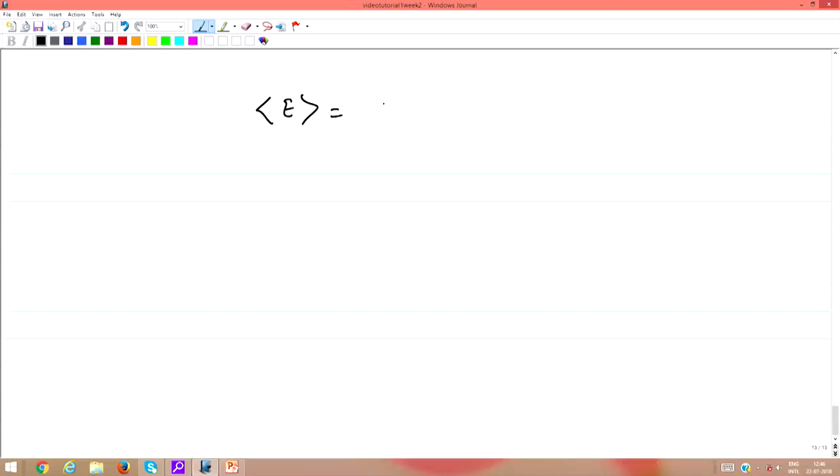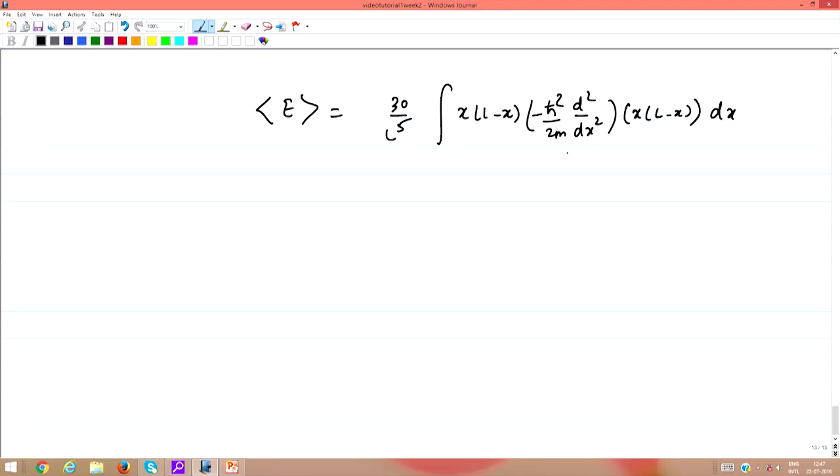And now you write 30 by L raised to 5 because of psi square, and then you write x into (L minus x) with the operator minus h bar square by 2 m d square by dx square on x into (L minus x) dx, and this gives you the answer minus 2, and therefore, you get plus.